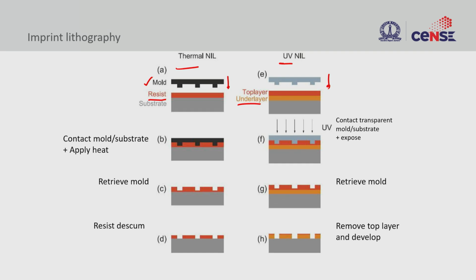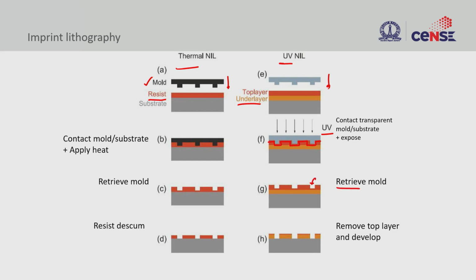When you expose it with light, there is cross linking that happens, and the soft polymer takes the shape of the mold. Even after retrieval, you see the shape preserved, right.